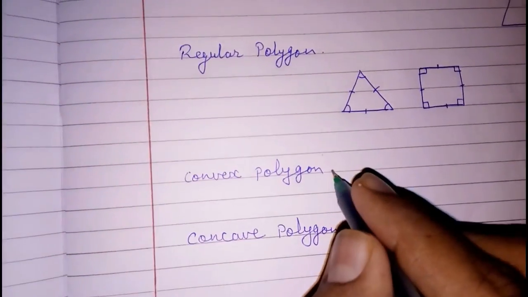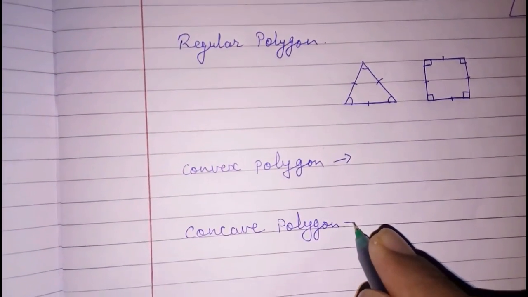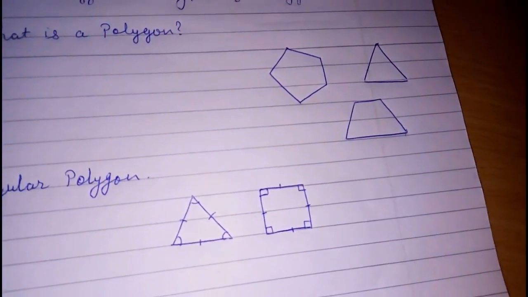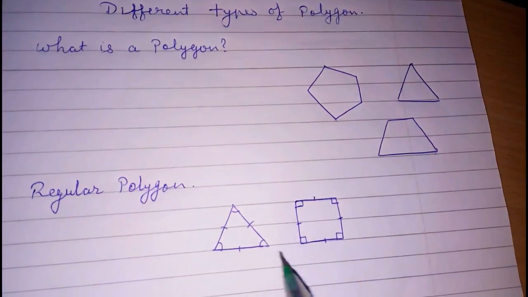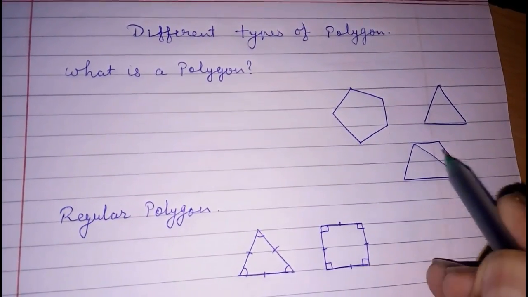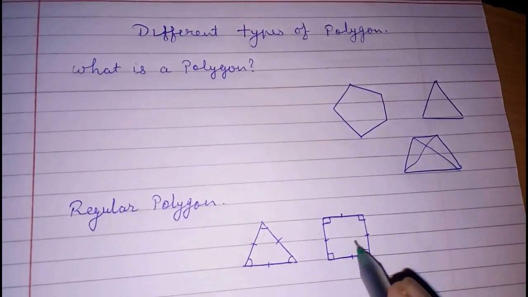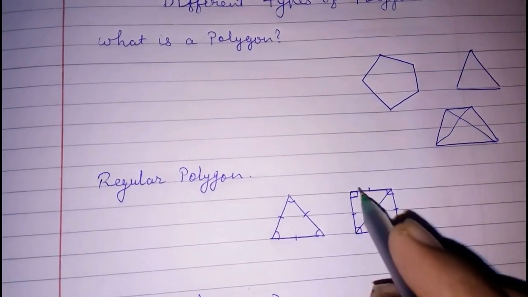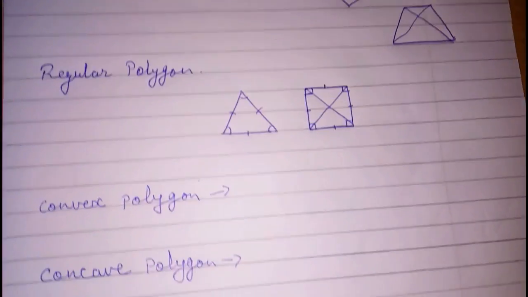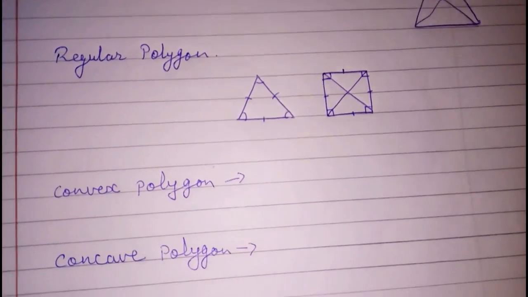Now what is a convex polygon and what is a concave polygon? If we look at all these polygons, we see that in all of them the diagonals are inside the figure, so we can say that it is a convex polygon.